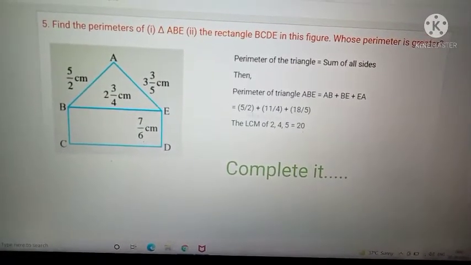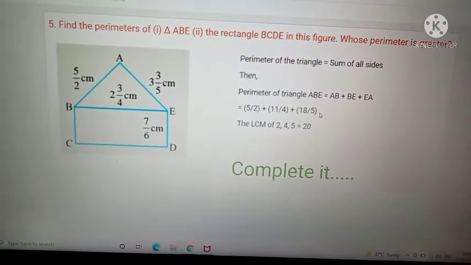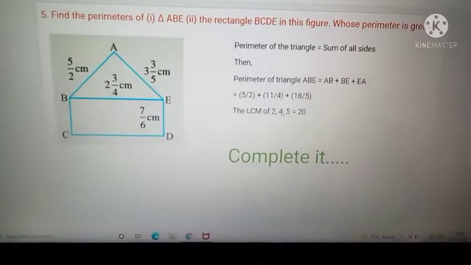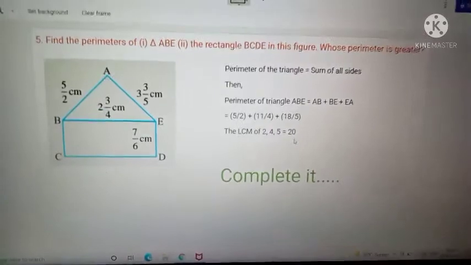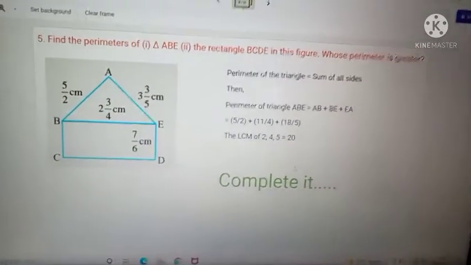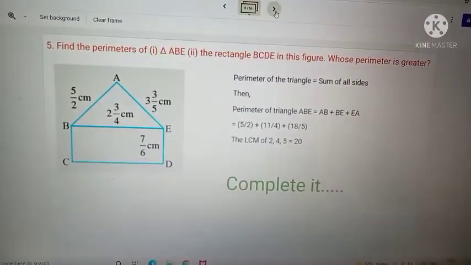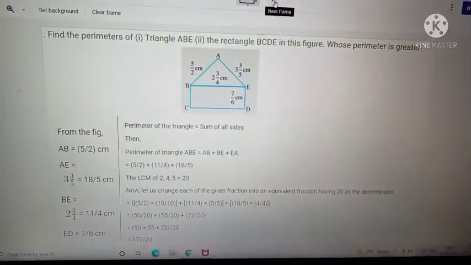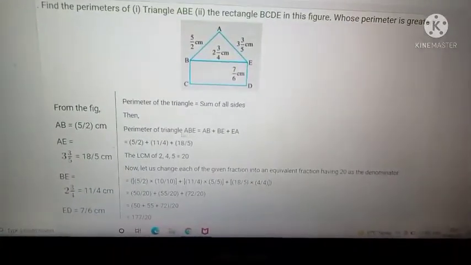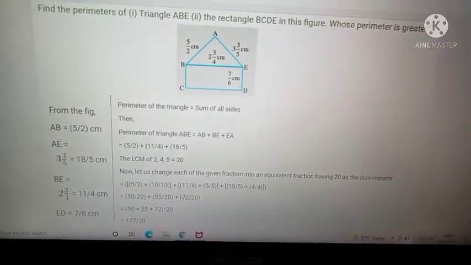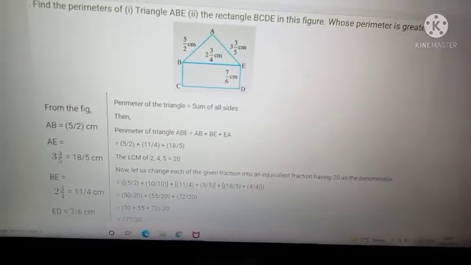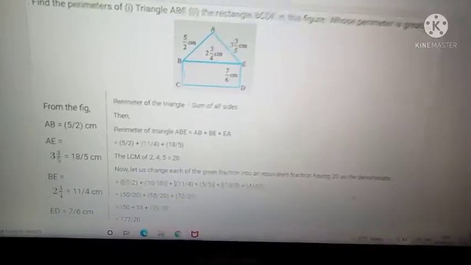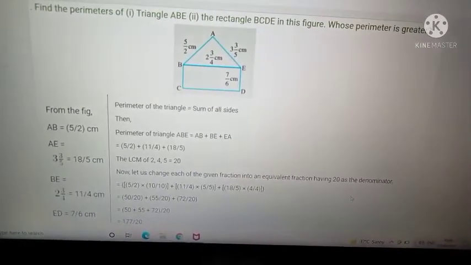Now we are going to add them. For adding these unlike fractions, we need to change them into like fractions, so we are finding the LCM. LCM of 2, 4 and 5 is 20. So we change the fractions into equivalent fractions having 20 as the denominator.